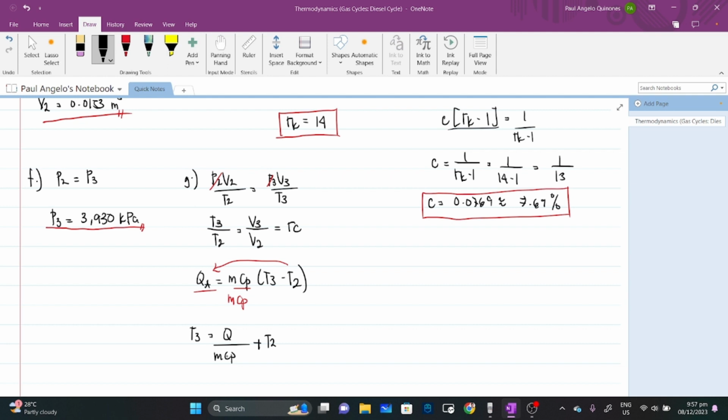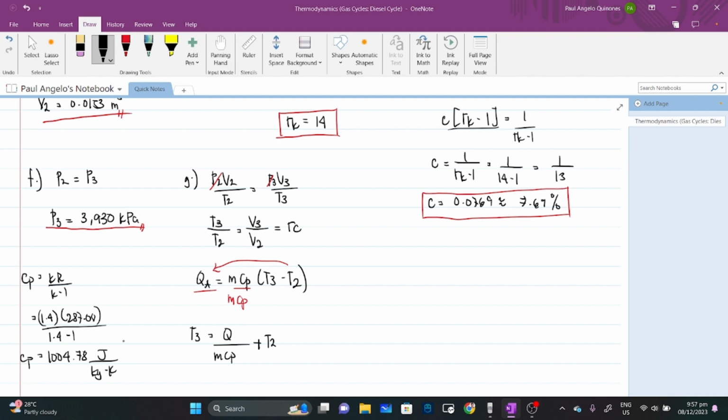The only thing that is unknown here is Cp. But Cp can be solved using KR over K minus 1. That is 1.4 times 287.08 over 1.4 minus 1. So Cp here is 1004.78 joules per kilogram Kelvin.